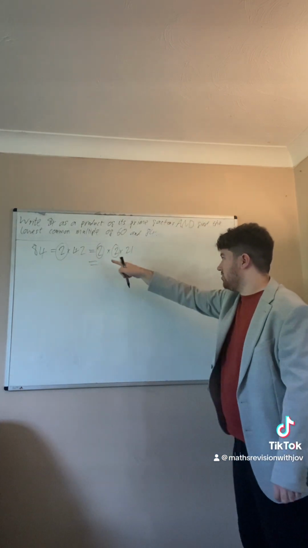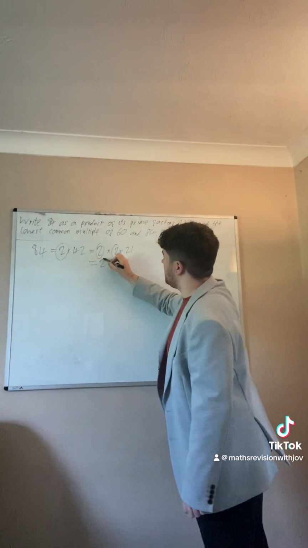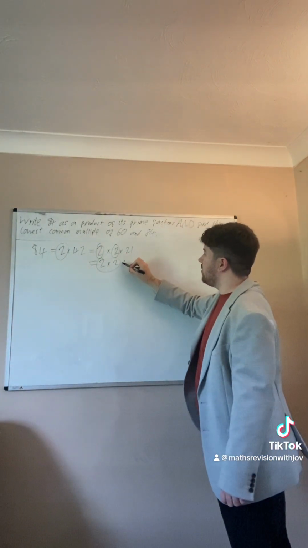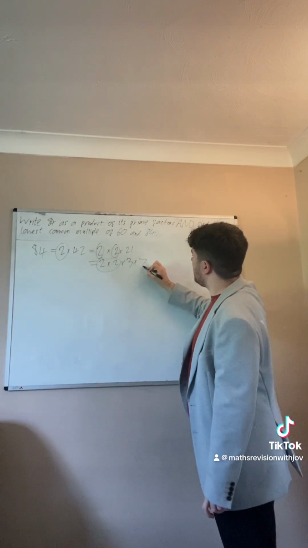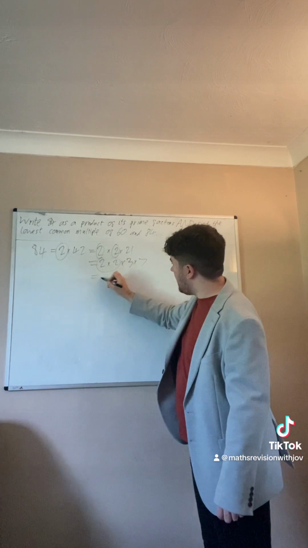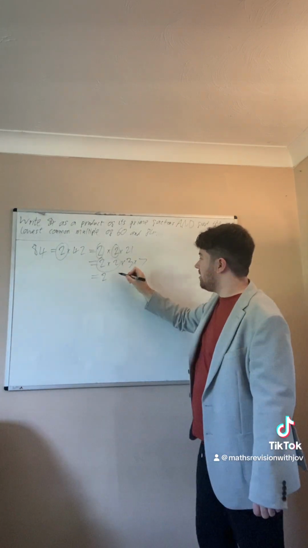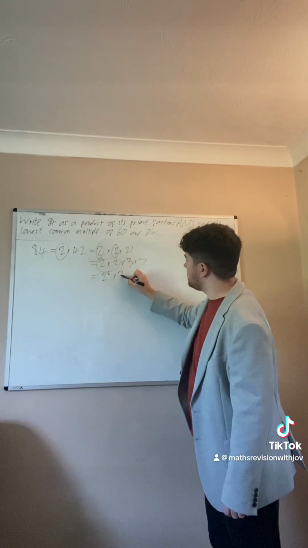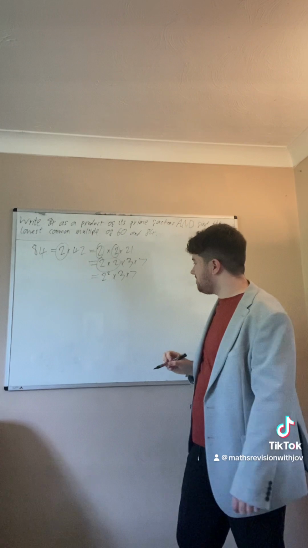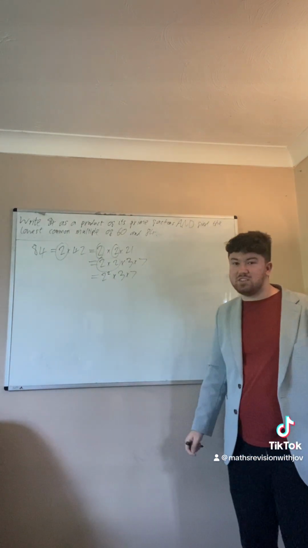And so now we've got lots of 2s, so we can say 2 times 2, and then 21. 21 is 3 times 7. And everything now is prime, so 84 is 2 times 2, so 2 squared, times 3 times 7. And there we go, we have factored 84 into its prime factors.